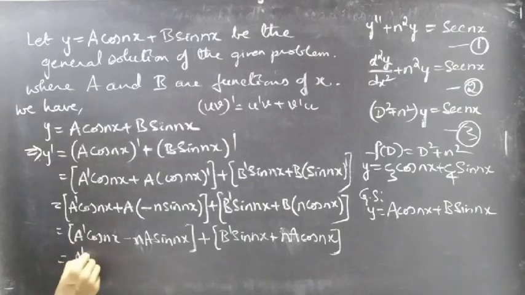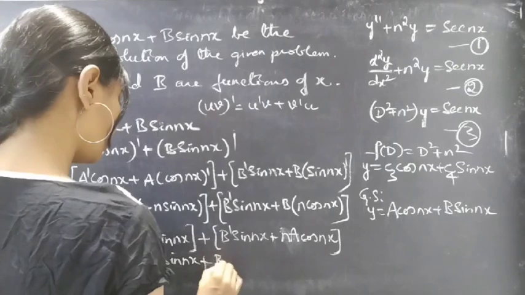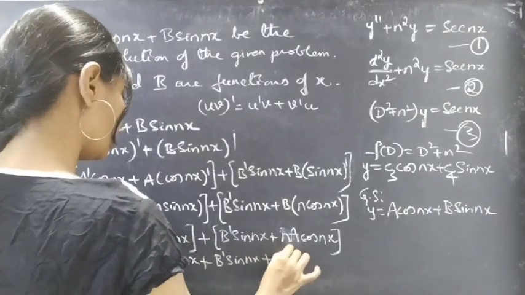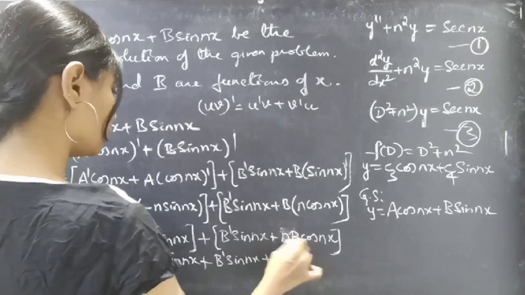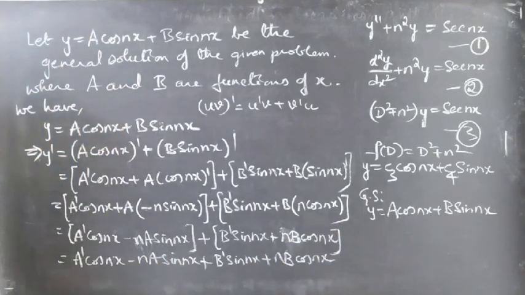I'll write one more step: nb cos nx. Now write the terms involving a dash and b dash.